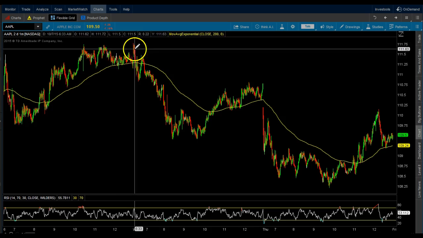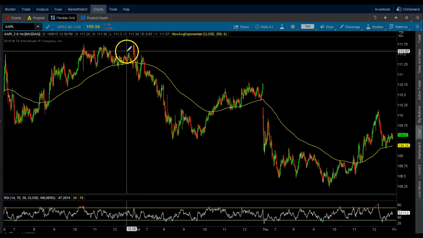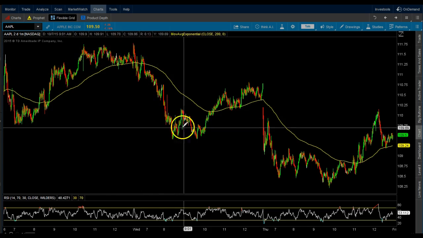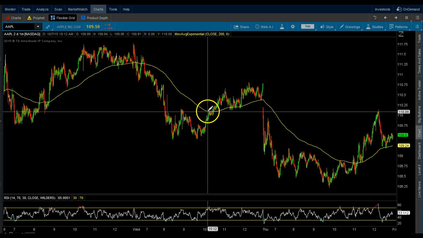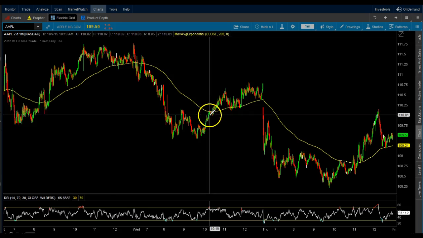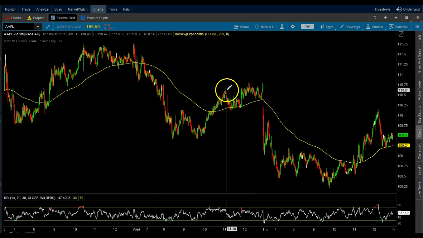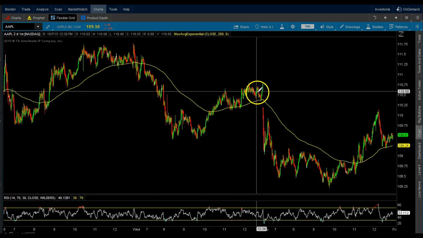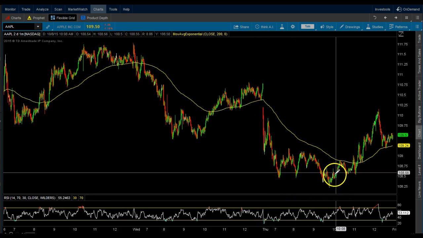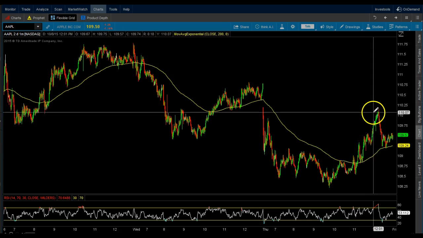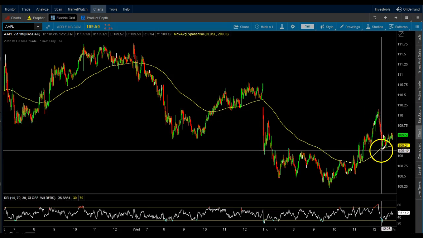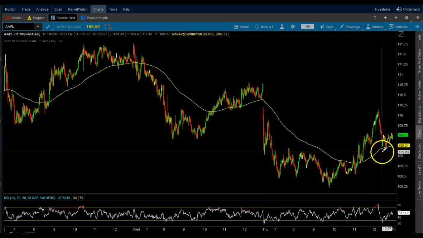And you could see every time we come to the 200, buyers step in, right? We fail, come up, you see buyers step in to short. But then the buyers overtook it. Buyers step in on the bounce here. Sellers step in as it rallies, right? And then eventually we rally, we come back down, and the buyers step in again.